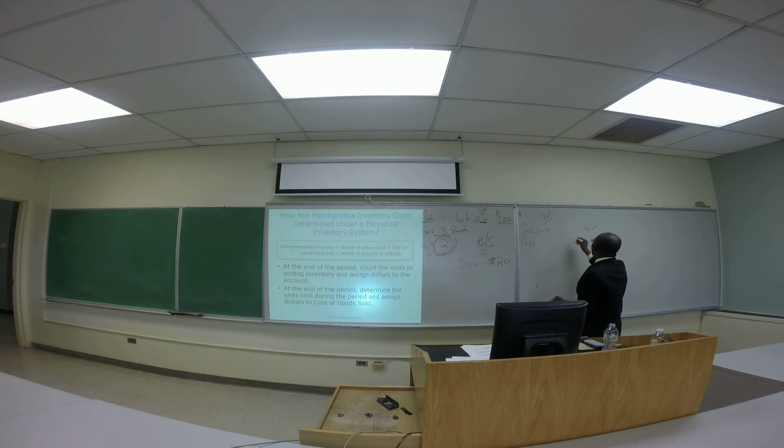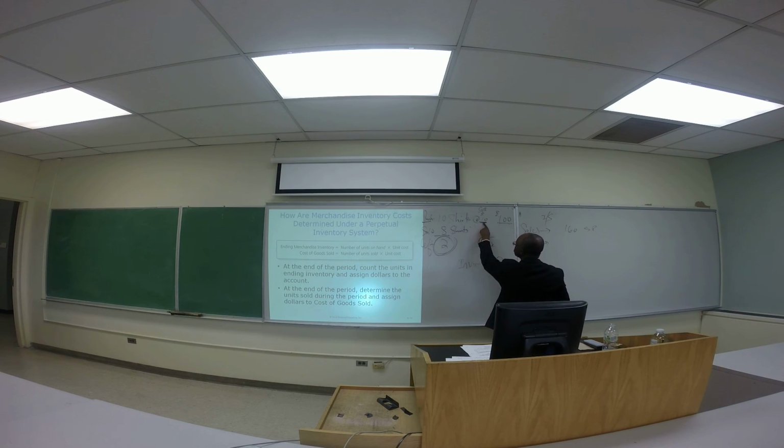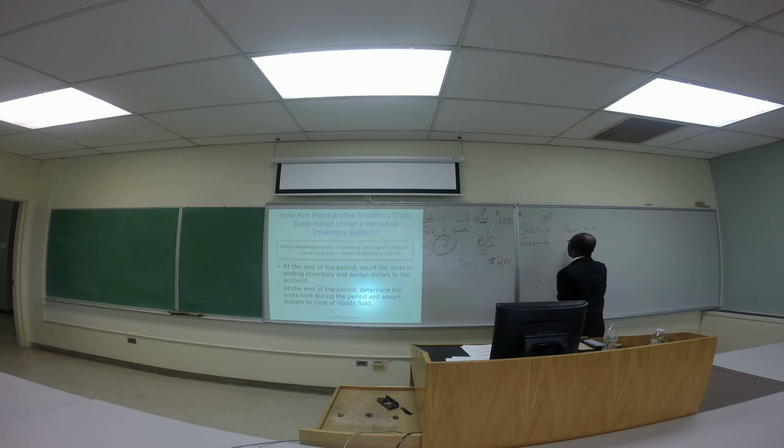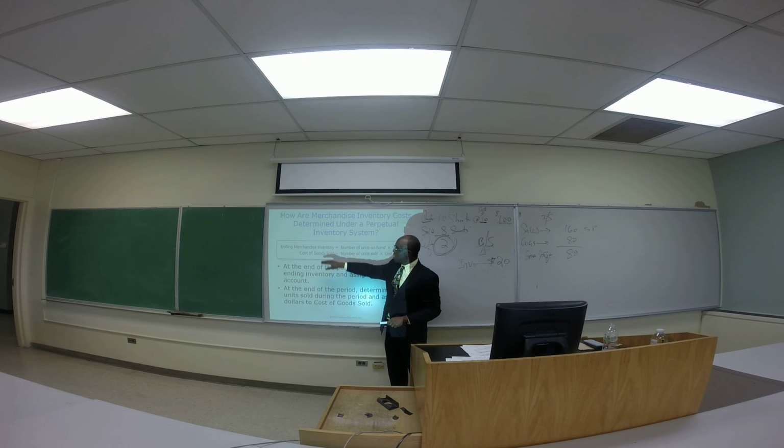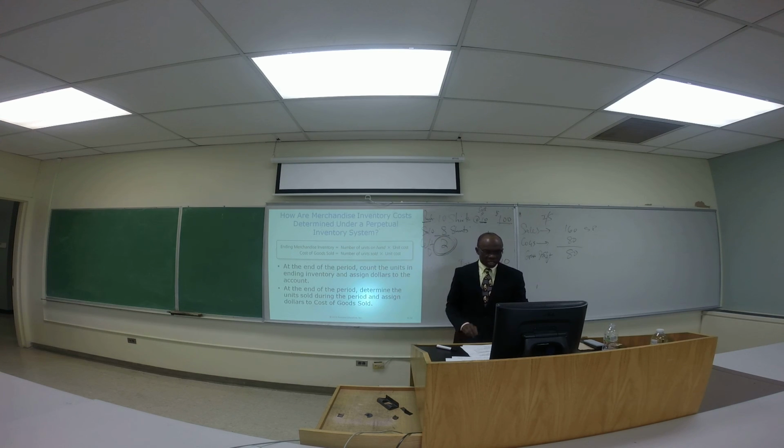Then we are looking at $160 in sales. The cost of goods sold, we sold 8 and it cost us $10 each, would be $80. The difference, $80, we call gross profit. We talked about this extensively in chapter 5. So these are the two main issues: the cost of ending inventory, and the cost of goods sold.